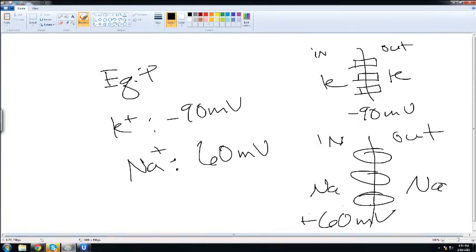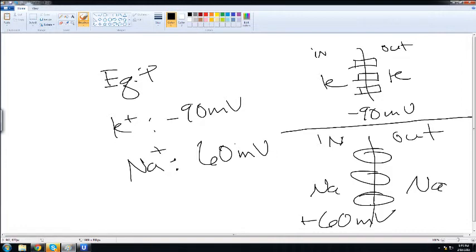Okay? So the only thing that you have to understand is that if you give these ions the chance to do what they want, they will do everything they can to take the cell to their equilibrium potentials. That's all there is to it.